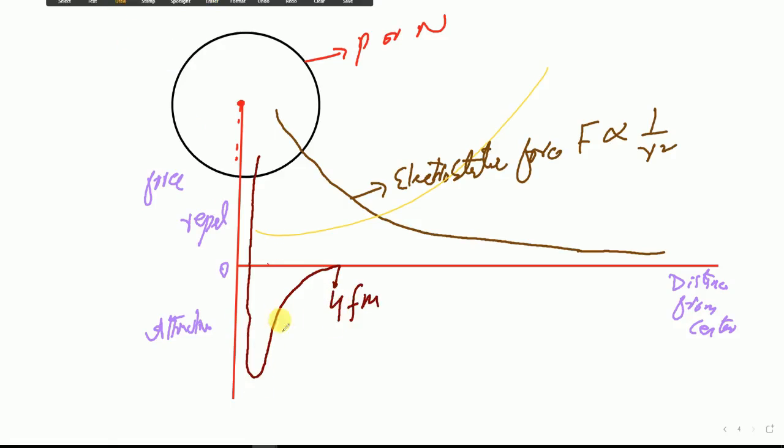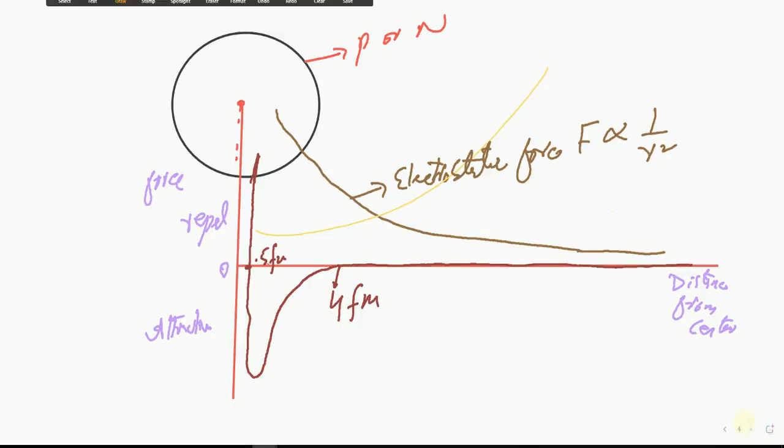Okay, so this is attractive force. But if you decrease the distance further, like this is, let's say, 0.5 femtometer, then it will become repulsive force. Okay, got it? So the graph will be like this. So here you will get a 0 like this. So this is the graph of the two forces which are present inside the nucleus.